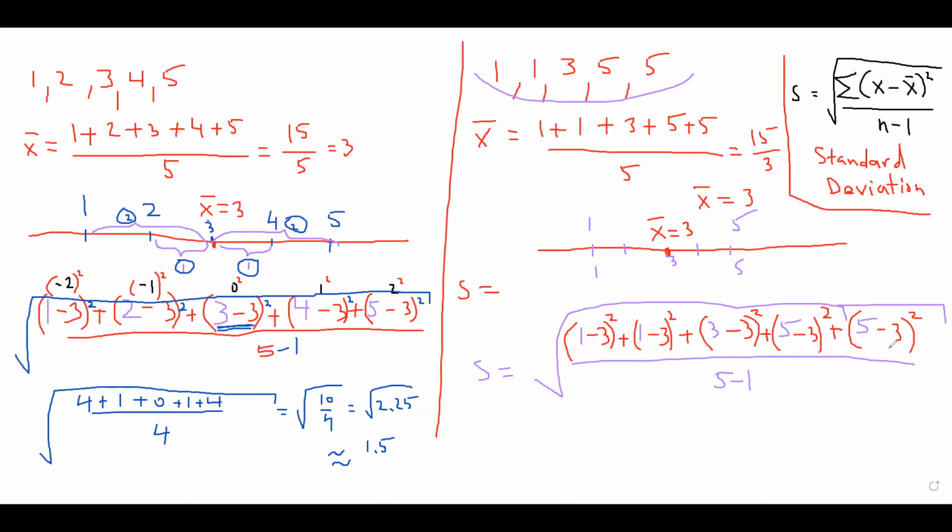But the calculator will definitely do this correctly for you. So notice that here you have -2, here you have also -2, here is a 0 when you subtract, right? +2 and +2. So when I square these, I'm going to end up with 4 plus 4, and then a 0, and then another pair of 4s, like that and like that.